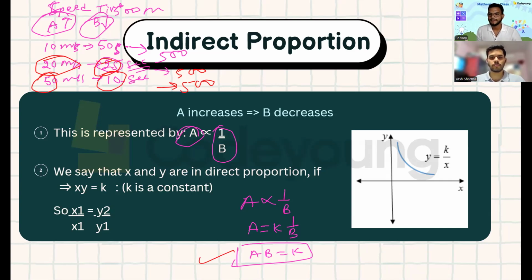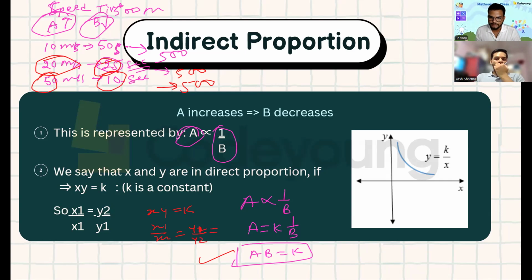So what we can do is take the ratio of their values. If x times y equals a constant, then x1 upon x2 is equal to y2 upon y1.